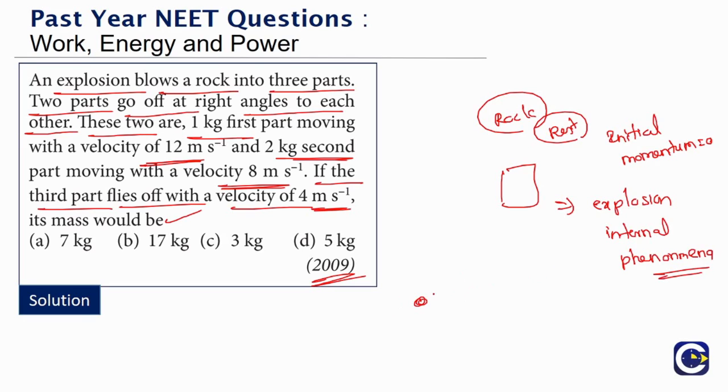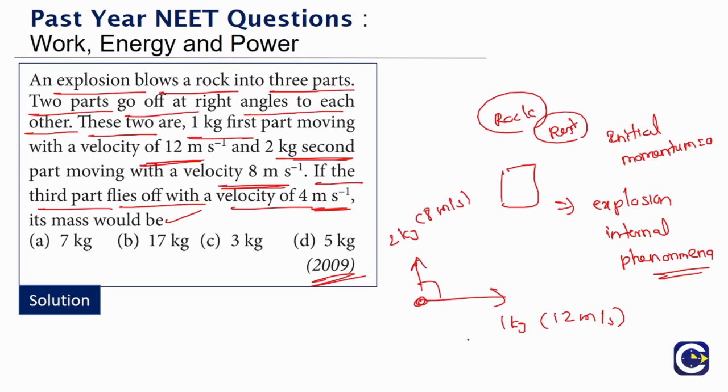It is dividing into 3 parts. 1 kg is moving at 12 meter per second. 2 kg is moving at right angles at 8 meter per second.